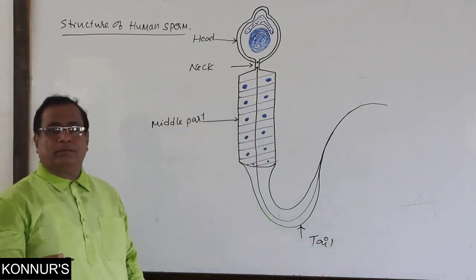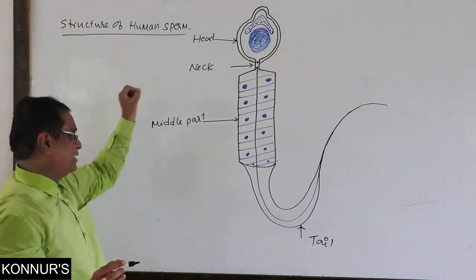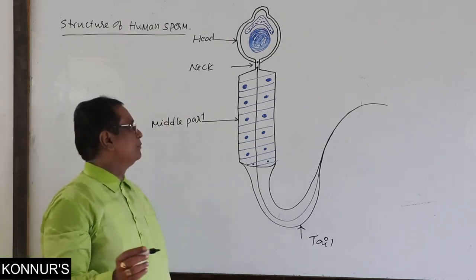Sperm body is distinguished into head, neck, middle part and a tail.